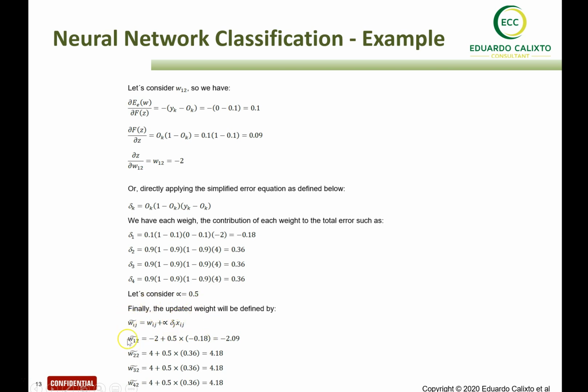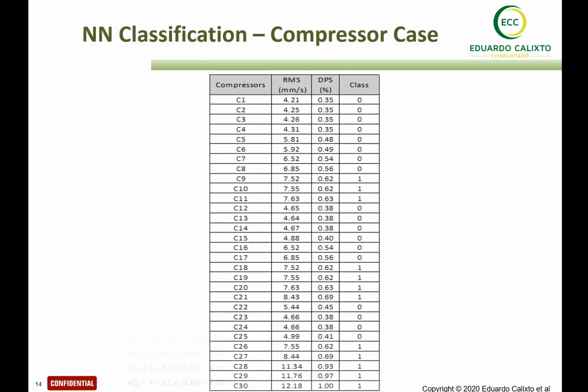So the first point here is the updated value, obtained by applying this value and using the learning rate. So I have the updated weights, and then I will go through the neural network again to update the whole process.